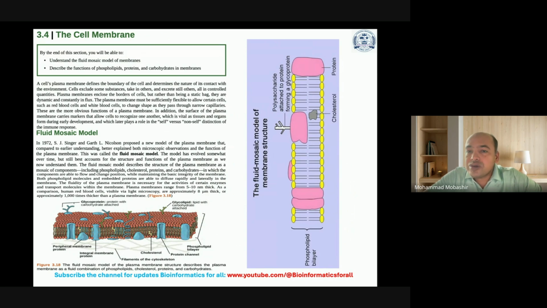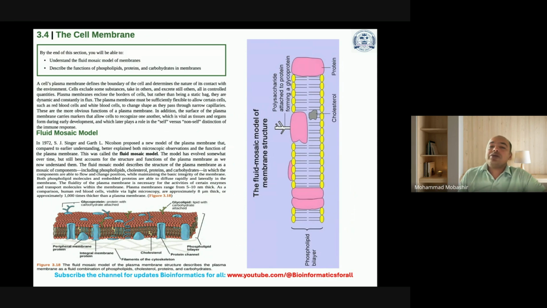And if you want to know the real composition in a summarized way, you just need to know protein, cholesterol, phospholipid, that is what I was saying, DPPC, and then polysaccharide attached to protein forming a glycoprotein. And then there are some protein channels. From the name itself, you can understand what the function of protein channels is.